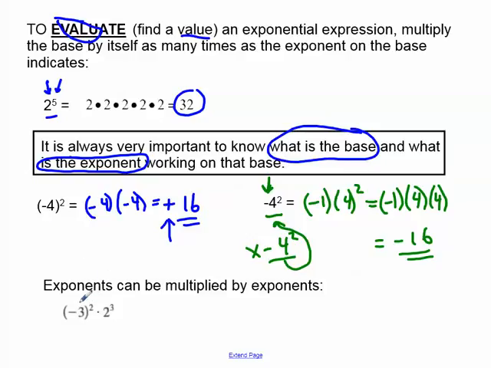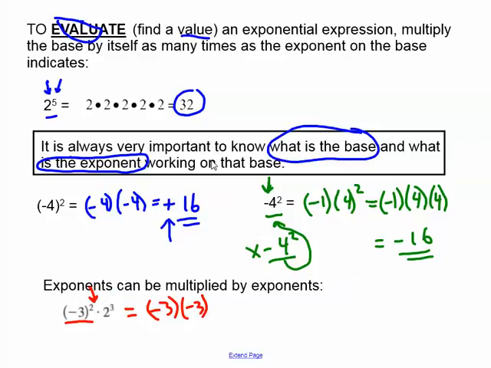We can multiply an exponential term by an exponential term, and keep in mind we've got a negative sign here and a positive sign on the 2. So what does this mean? Here's my (-3) squared: my base is -3, so it's -3 times -3, multiplied by itself twice because my exponent is 2.